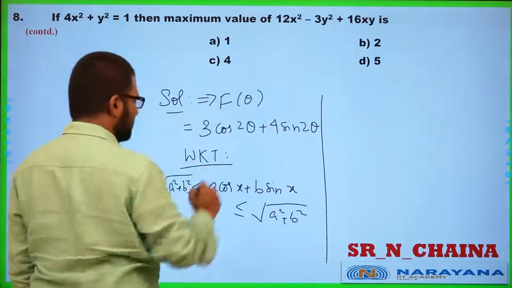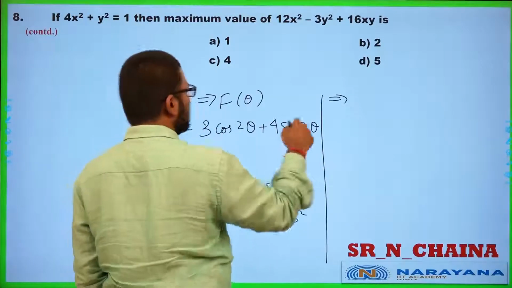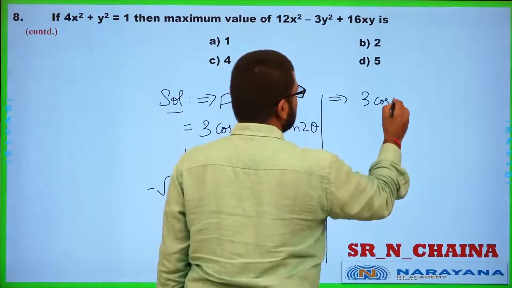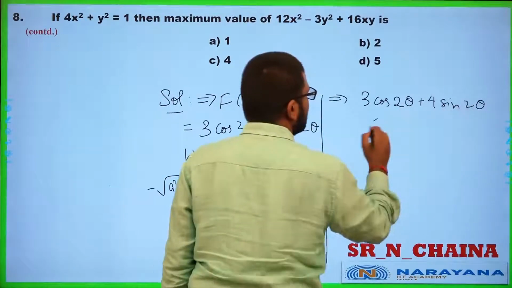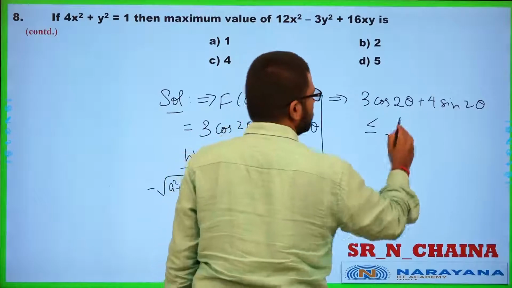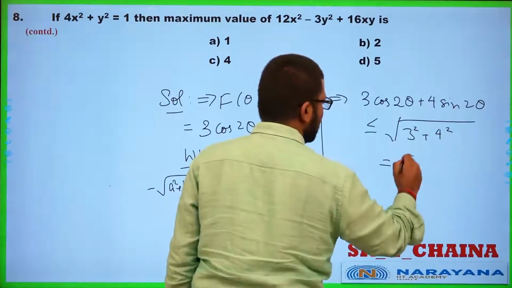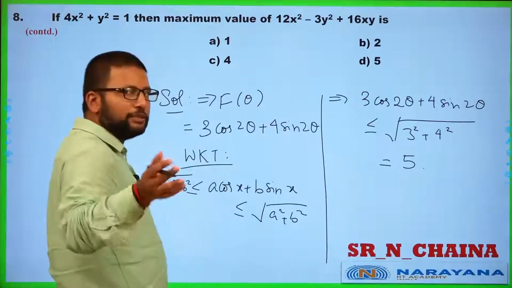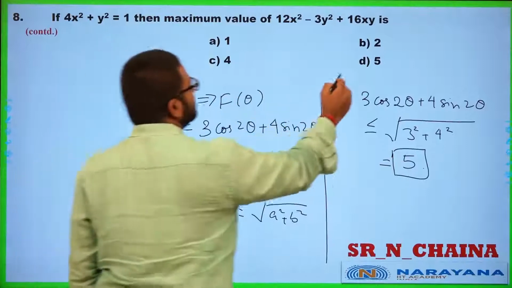Which means for 3 cos 2 theta plus 4 sin 2 theta, its maximum value would be root of 3 square plus 4 square, which is obviously 5. So its maximum value is 5 is what is being asked.